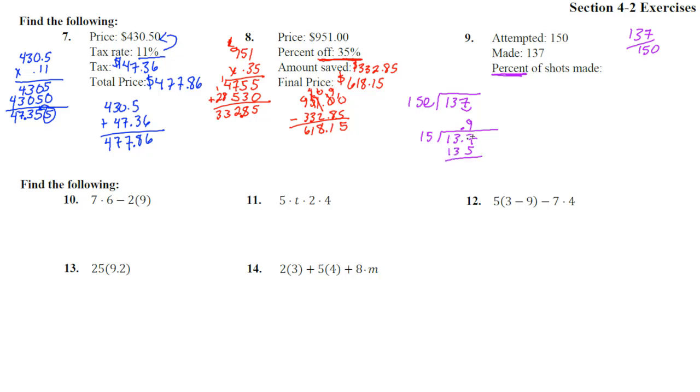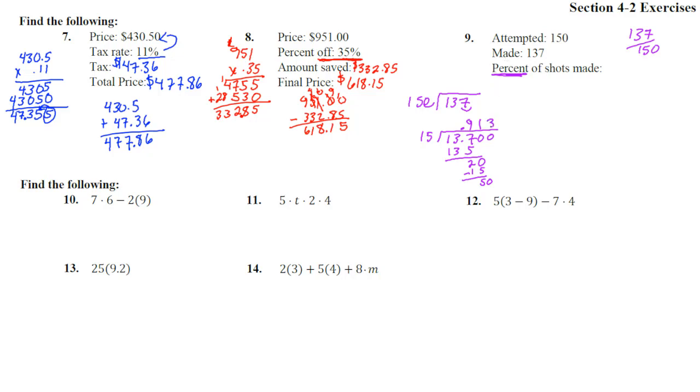So we get that, and then subtracting, you get a 2. Let's put a couple of zeros there, see what we get. Bring that down. 15 goes into 20. Oh, that's nice. 1 times 15 is 15. Subtract, you get 5. Bring down another 0. 15 goes into 50. Let me see, 15, 30, 45.